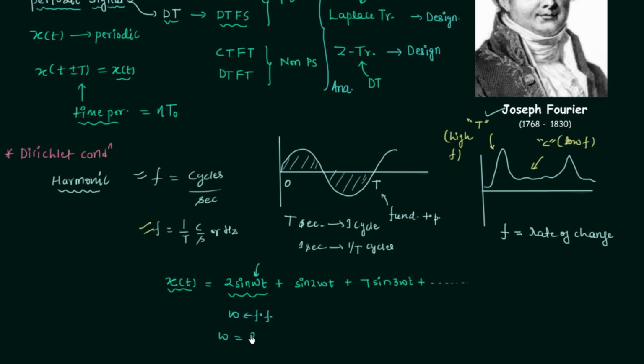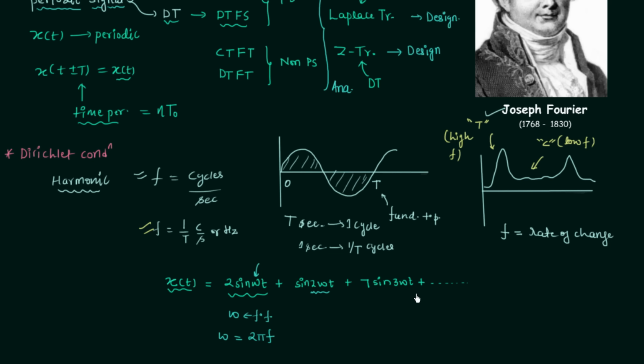Angular frequency is equal to 2πf, and compared to this, if you see the second term, you will find the frequency is twice of ω. So here the frequency is integral multiple of the fundamental frequency. So whenever you have the frequency as integral multiple of the fundamental frequency, we call the term harmonics. They are not desired in the system generally, but they are present.